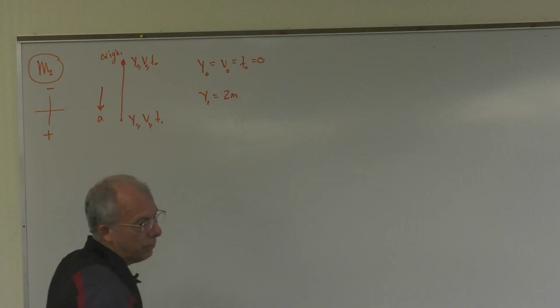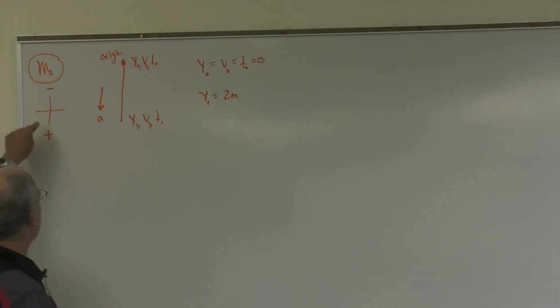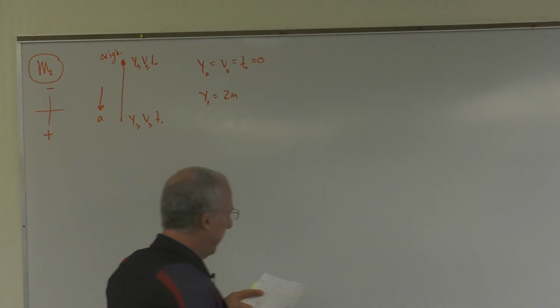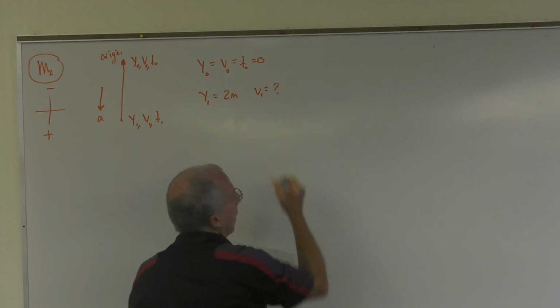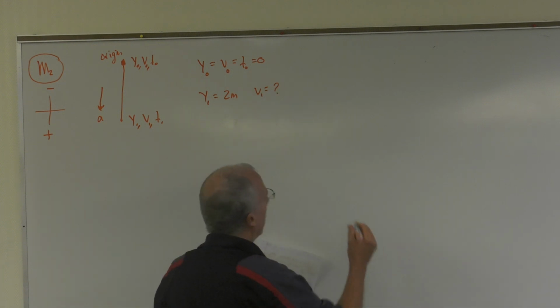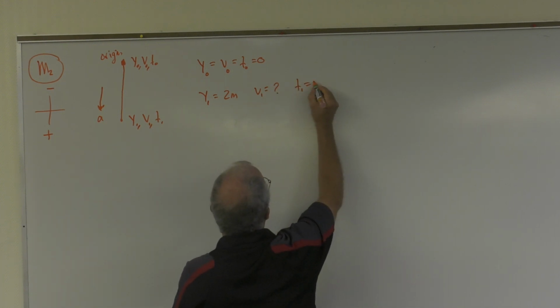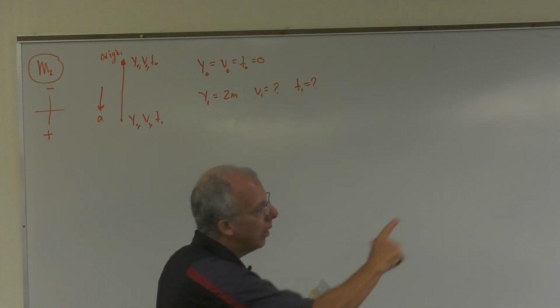And why is it positive 2 meters? Why not negative? Because of my choice of coordinate system. So again, I just want to emphasize it's crucial that you draw that just so you remind yourself what's going on. We don't know what v1 is, and we don't know what t1 is. But what do we want to know? We want to know t1.